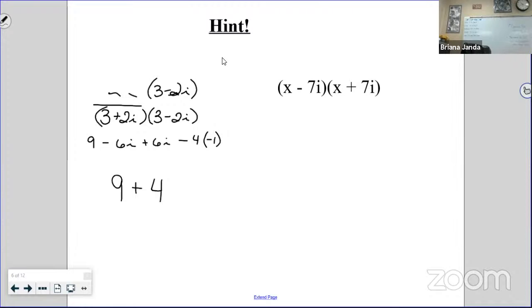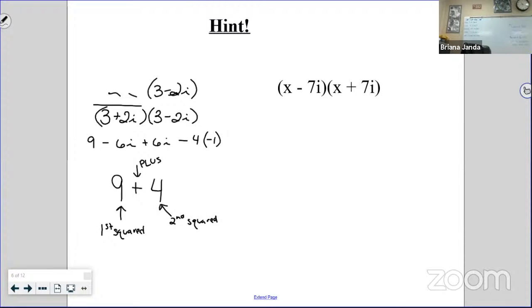You guys remember that? That was a little bit of a shortcut, but it works. And if you can do that shortcut, it's going to help us today. So that's your first term squared. It's always plus because of the i squared. And that's your second number squared.